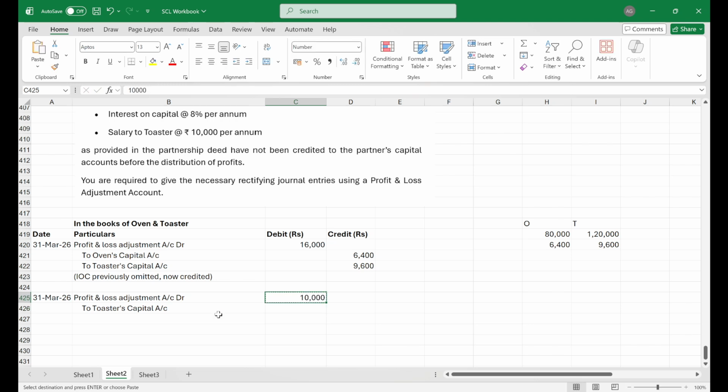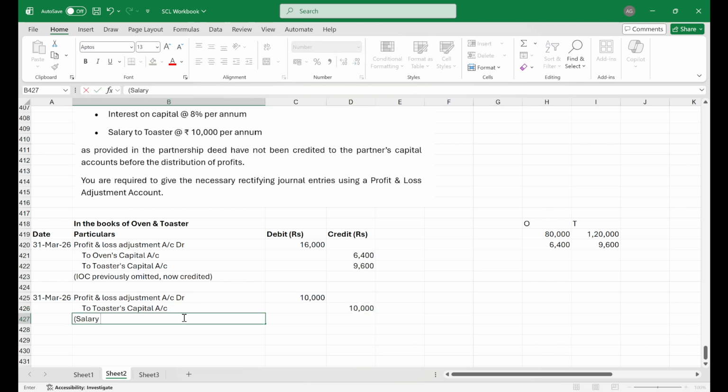So I'll simply give 10,000 rupees. And now again you write another journal entry. Salary previously omitted, now credited. Or you can write salary to partner previously omitted, now credited.